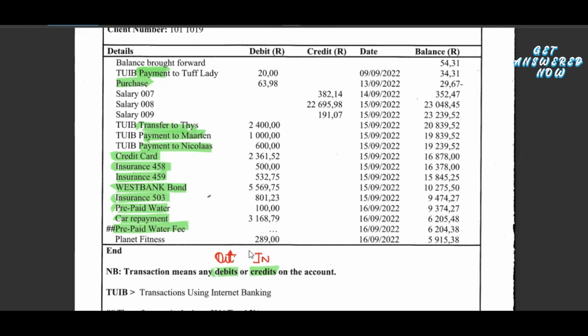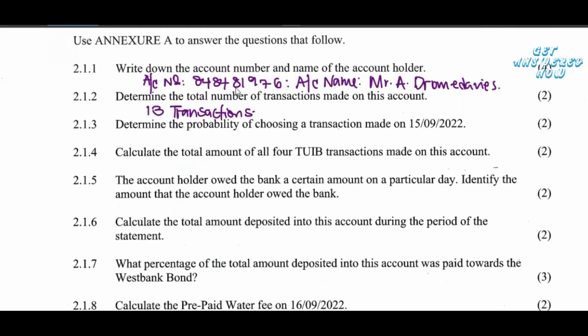So we had 1, 2, 3, 4, 5, 6, 7, 8, 9, 10, 11, 12, 13, 14, 15, 16, 17. There are 17 transactions.